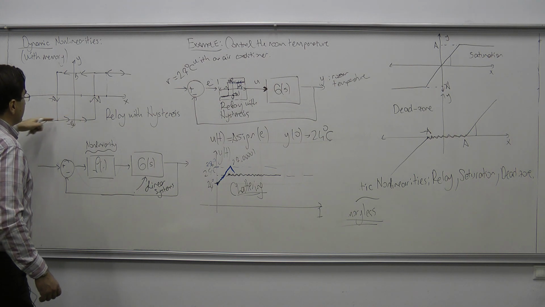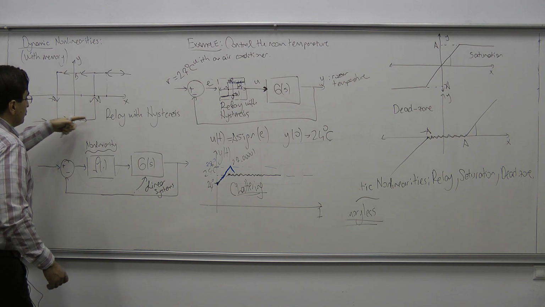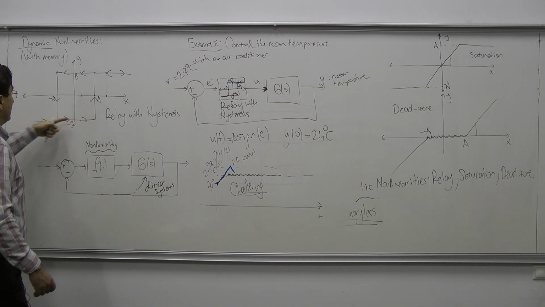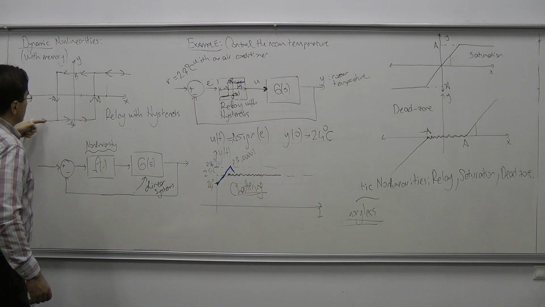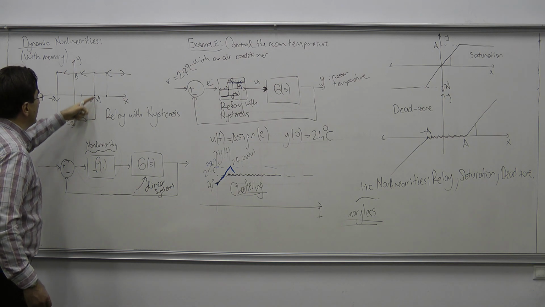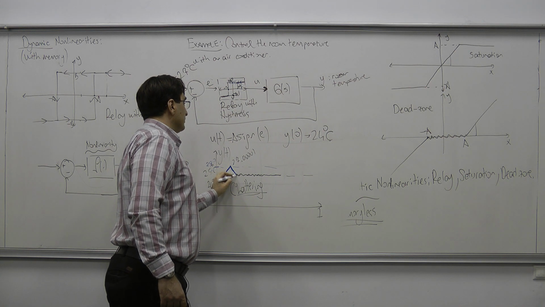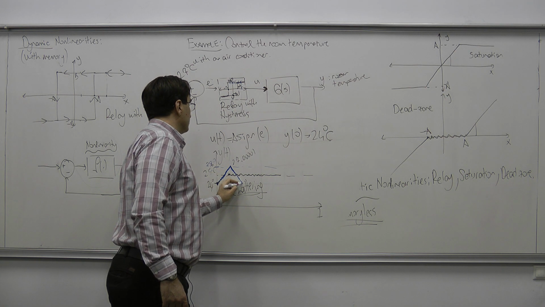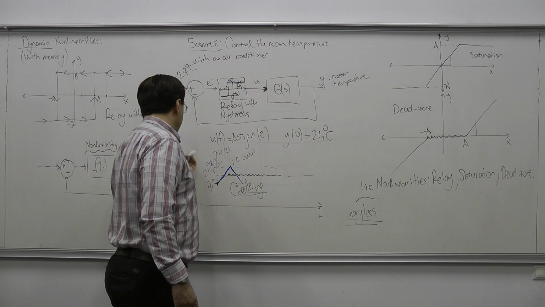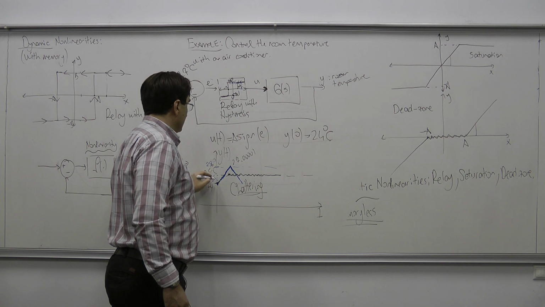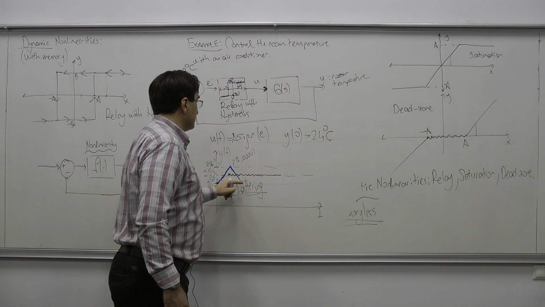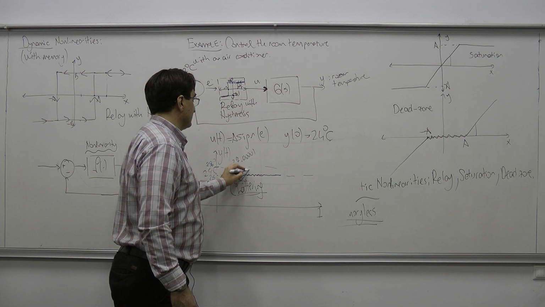But because error is increasing, we are going to choose the lower branch here. All right? Not this branch anymore. So the switching is going to take place when error is plus 2 this time. So we're going to pass through 27 again, and we're going to go into 25 degrees. All right? And then we're going to switch at 25 degrees. Okay?